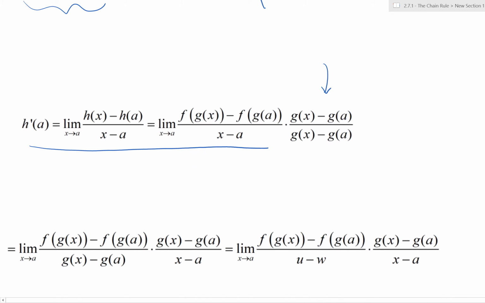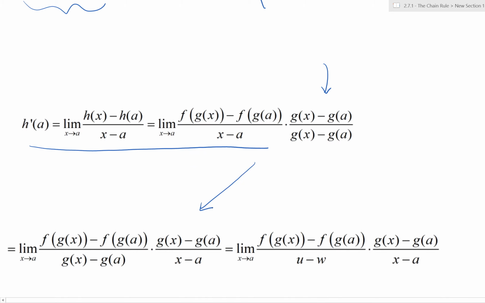Then in this next step, this is still my derivative, I'm just taking the denominators, x minus a and g of x minus g of a, and flip-flopping their locations. I can do that because it's a product, and the order of the product in the denominator does not matter. So that's what I did in that step.